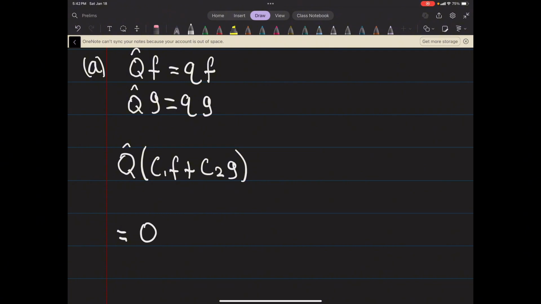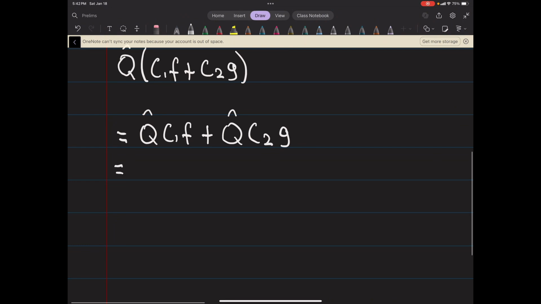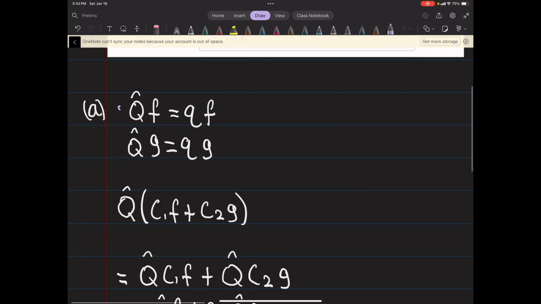Well, this is equal to Q operating on c1 f plus Q operating on c2 g. Now, since those are constants, those can be moved out front. I think this is pretty straightforward so far. And we know what these are equal to by what's given in the problem.